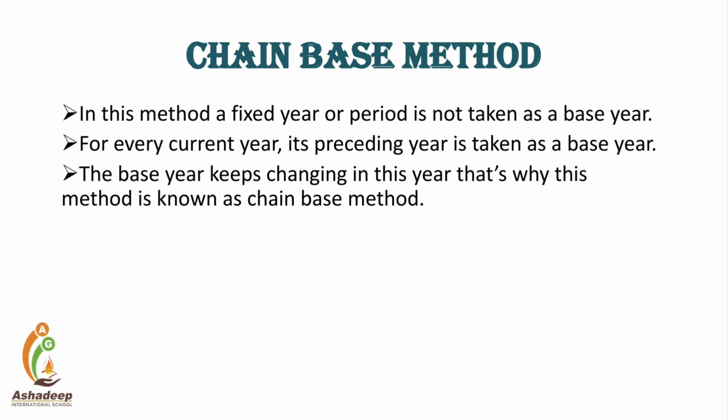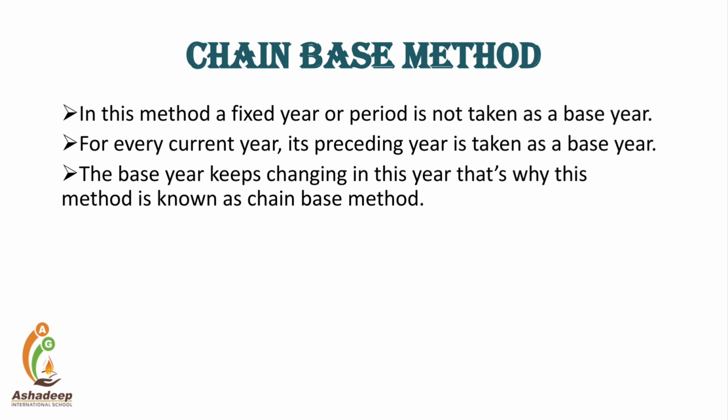The base year will keep on changing. So that is the reason why this method is named the chain based method, because you have to know the value of the preceding year, since each year depends on the preceding year. If you are not aware of any preceding year, you cannot find the index number for that current year, because it is a chain.